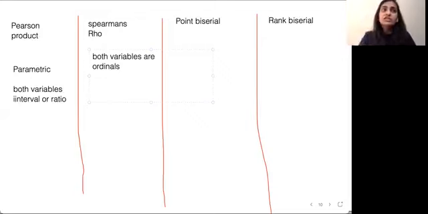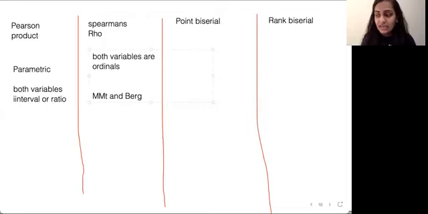Let's say I'm trying to see the correlation between MMT and work balance scale. What correlation coefficient do I use now? It's going to be Spearman's rho because both my variables are ordinal. For Pearson product, both my variables have to be either interval or ratio. For Spearman's rho, both of them have to be ordinal.